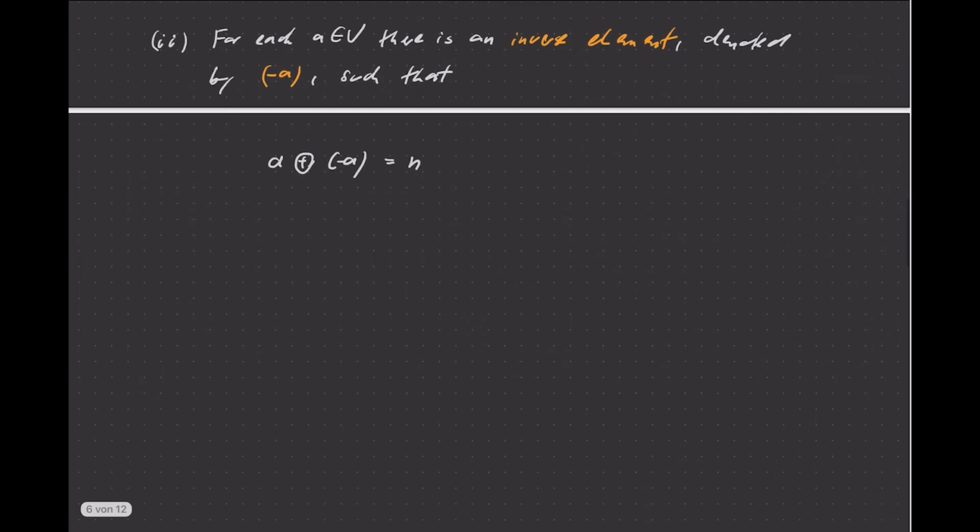Of course, in R to the n, that's again easy. The inverse element of a vector a1 to an is simply the vector minus a1 to minus an.